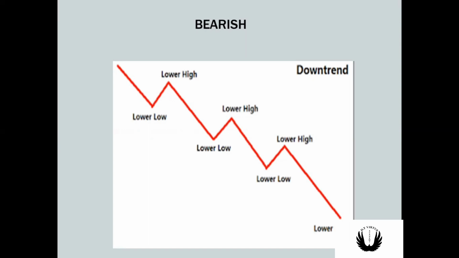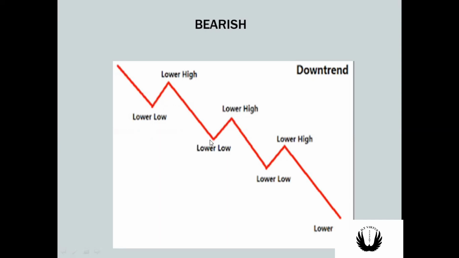Yeah. So now for the bearish market, we have lower low, lower high, lower low, lower high, lower low, lower high. So market keeps going down. Now the two conditions applied to this bearish market are that the lower high must not be higher than the previous high, and the lower low must not be higher than the previous low.